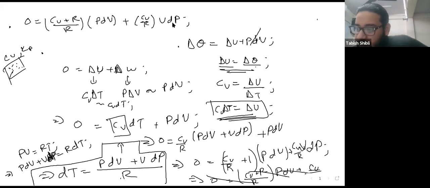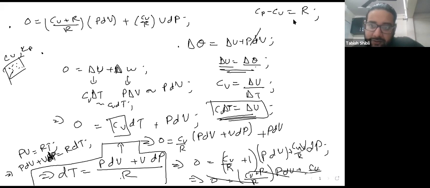Now what else can we do? Well, we can realize that Cp minus Cv is just R, right? So I can put in the value of R here in the numerator. So what do I get here?